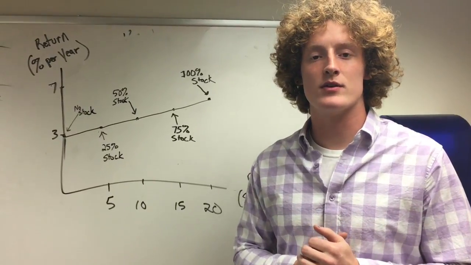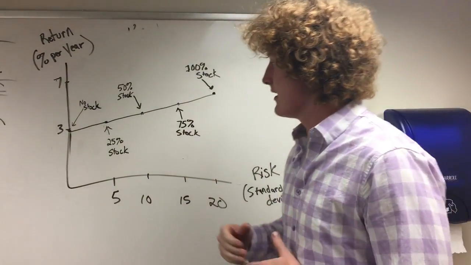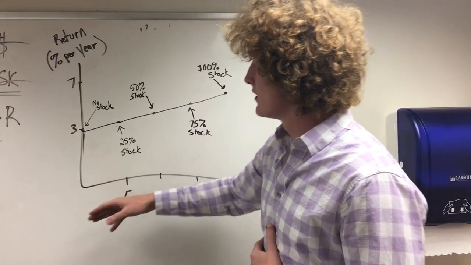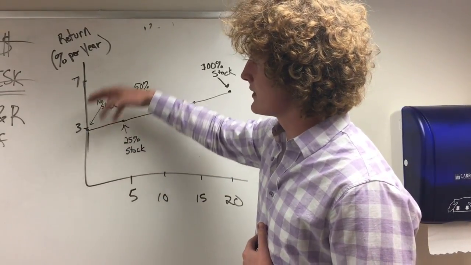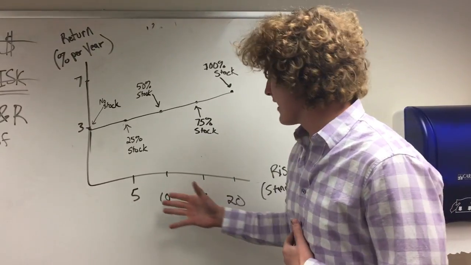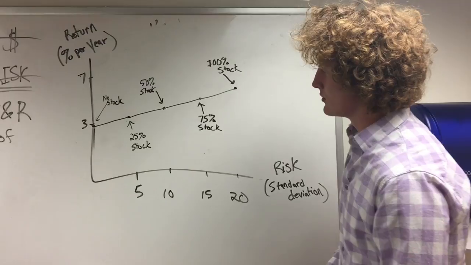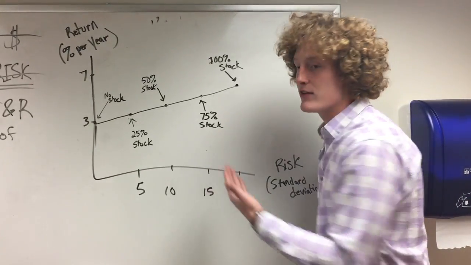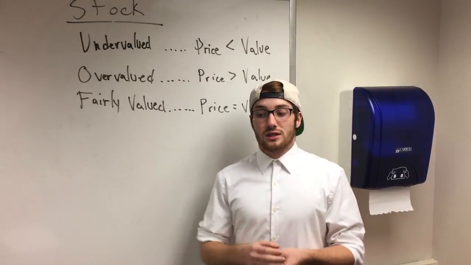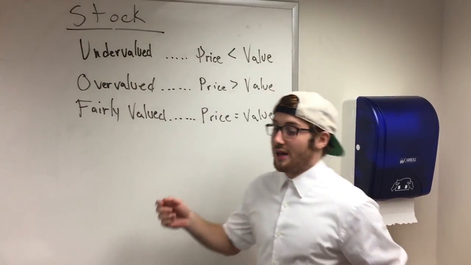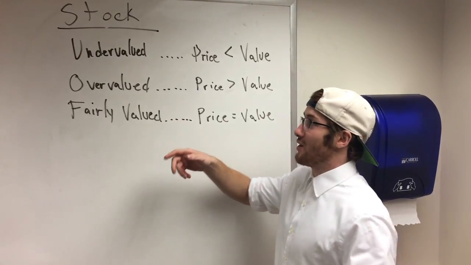To further explain what Jimmy and I have said, if you invest 25% of your savings, you'll have about a 4% return, and you'll have a lower amount of risk compared to if you were to invest 75% of your savings. Fundamental analysis is the study of a company's accounting statements and future prospects, to determine its value.